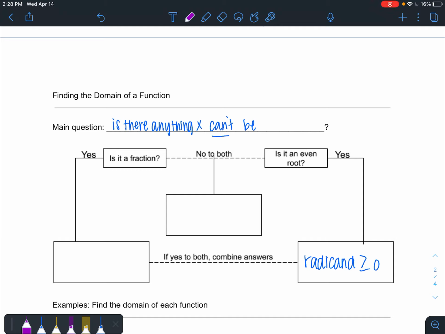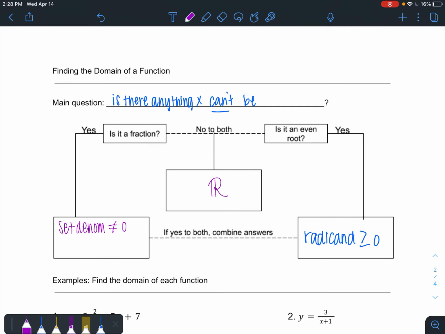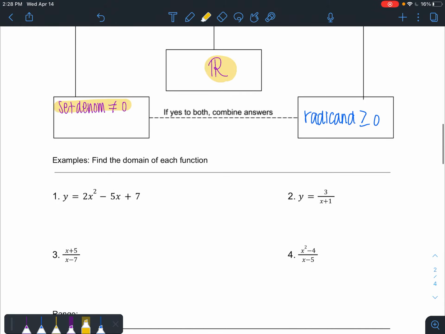Okay, if there is a fraction, then we have to set the denominator not equal to 0 and solve. Okay, so if I have no to both, then it's going to be all real numbers. If yes to both, then we have to combine our answers. We're just going to focus on these two right here. These are our key things that we're going to be focusing on.